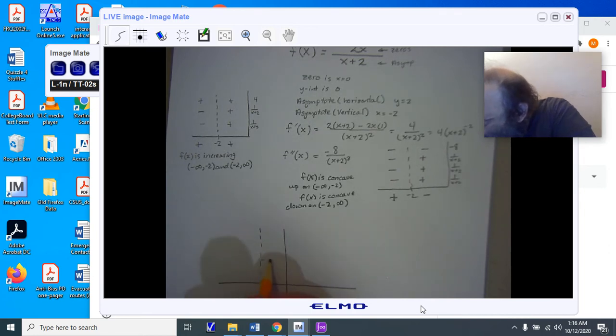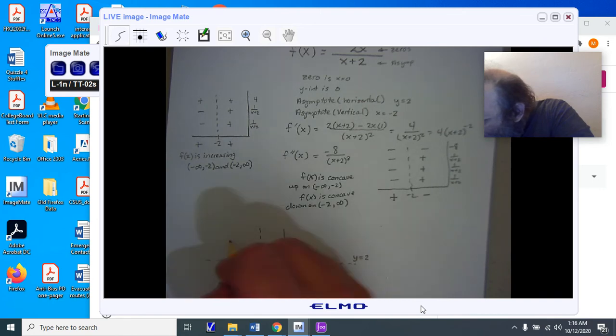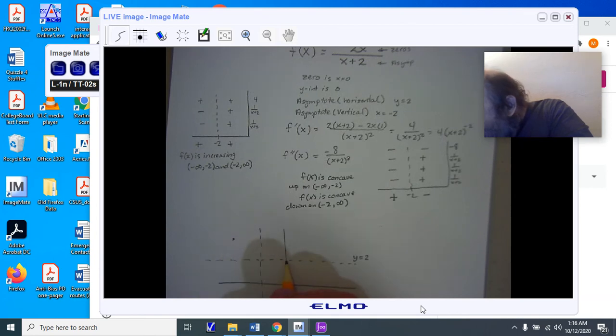I have a positive 2. That's giving me my horizontal asymptote. Y equals a positive 2. Now you'll notice I'm going down 2 and over 2, which means that I'm going 4 and up. Notice over and down, 0, 0.